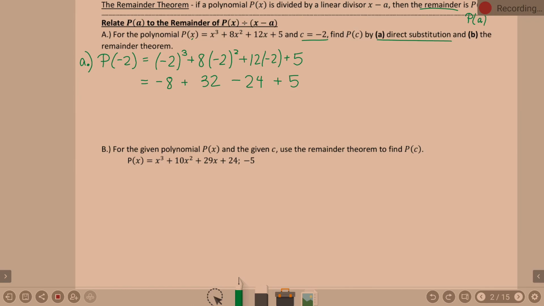So -8 plus 32 minus 24 plus 5. Do some math, or let the calculator do some math. My brain says -8 and -24 put together are -32. -32 plus 32 cancels, and I'm left with 5.